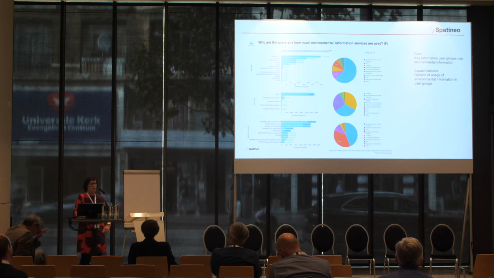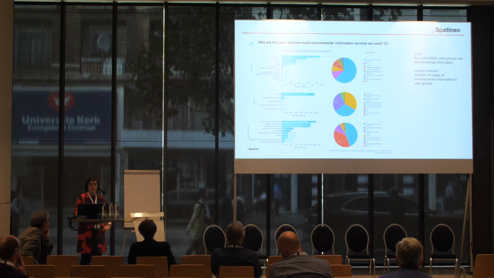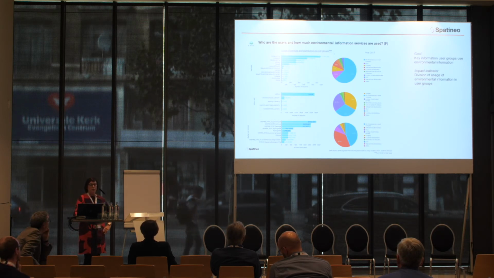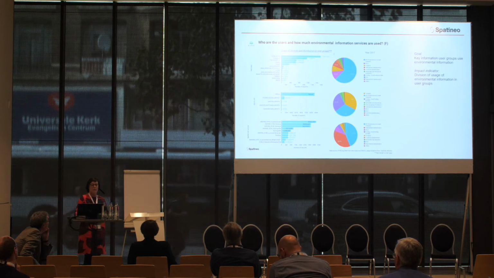The web maps are there on the top, and the most popular web map is the Vesikartta, a water map, most used. Then in the middle there is the OData API, and on the bottom there are the spatial web services.